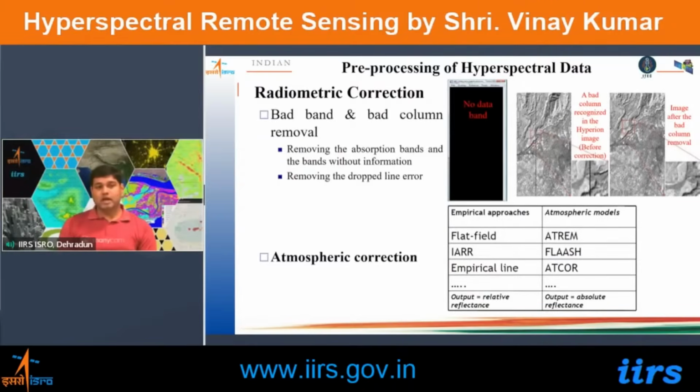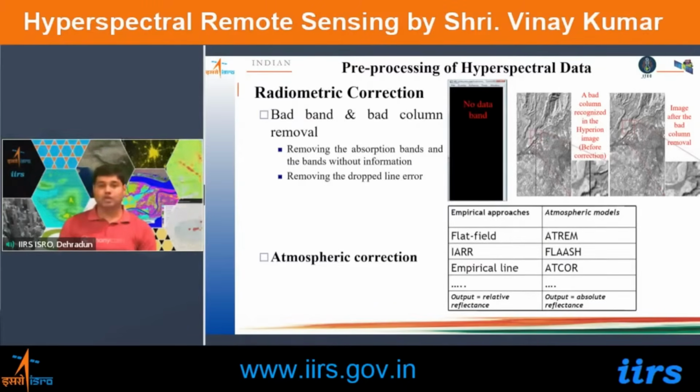By solving that we calculate a and b, and then place them in the same linear equation y equals ax plus b, and in place of x we place the radiance image. By using that, we can convert the data to relative reflectance.